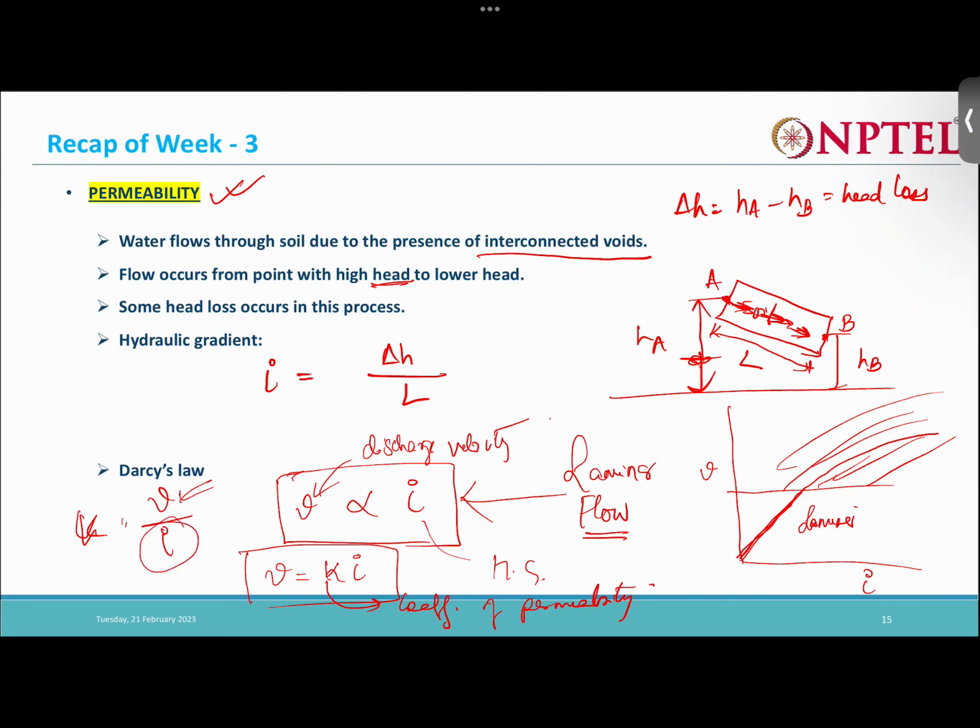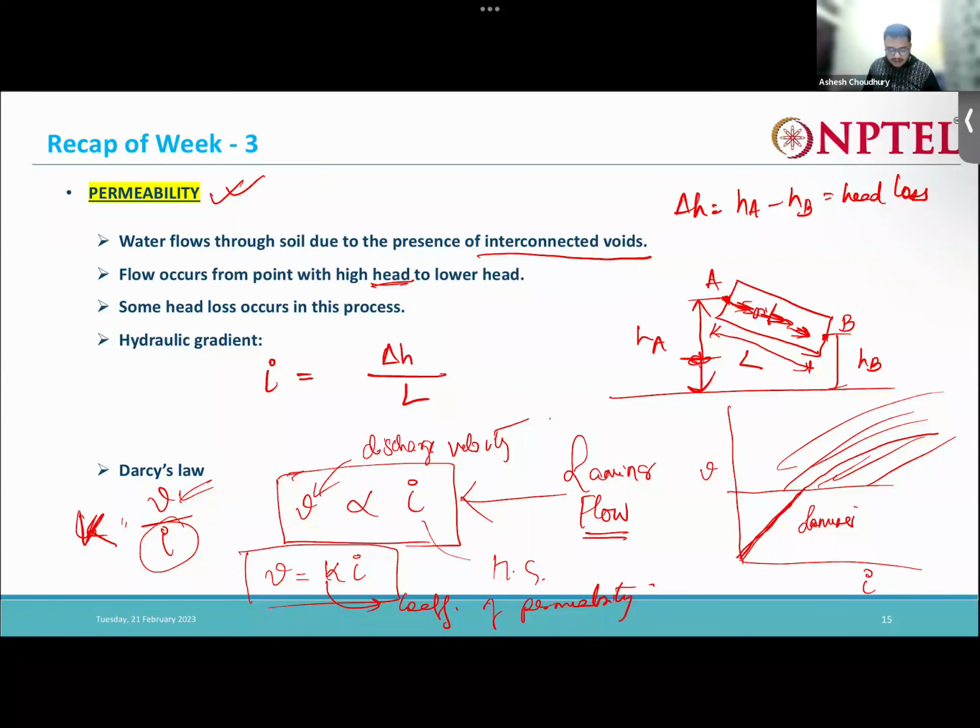And what is the unit of hydraulic gradient? It doesn't have any unit, length by length, unitless, it's a gradient. So what will be the unit of my coefficient of permeability? Centimeter per second or meter per second, same as that of the velocity. So it's generally represented in terms of centimeter per second. That is the unit of permeability.